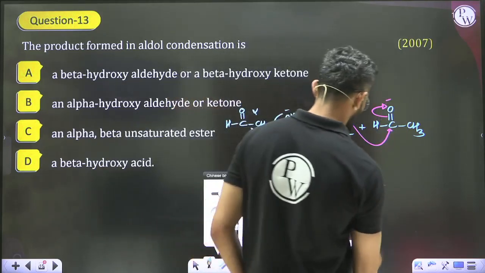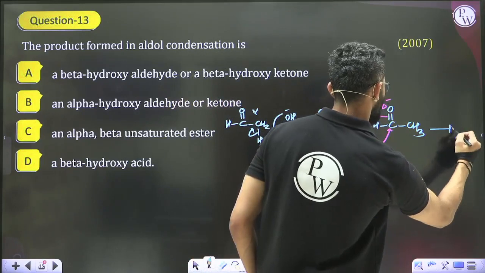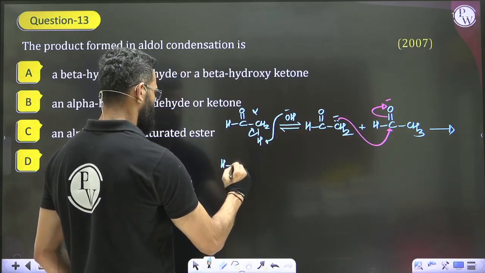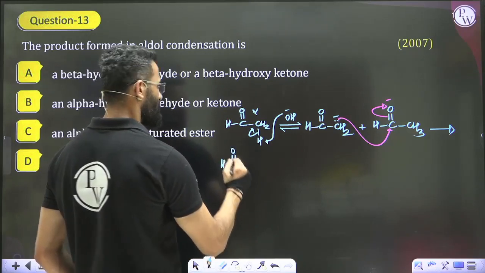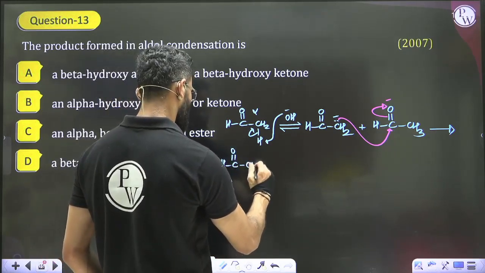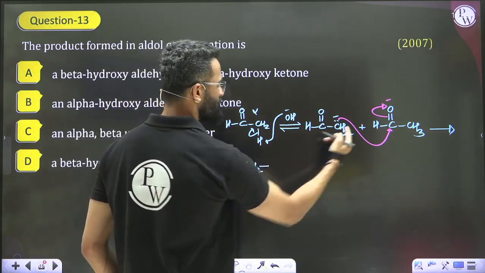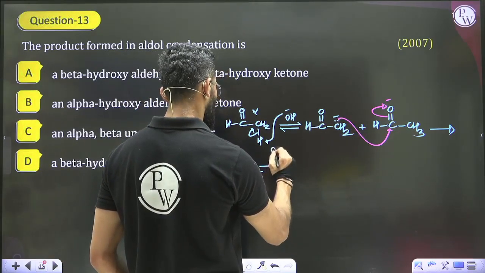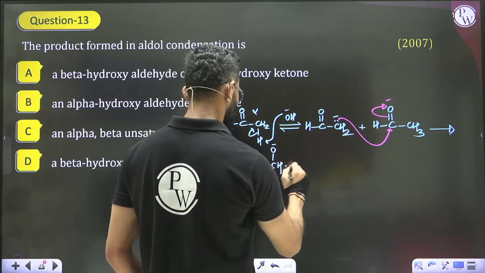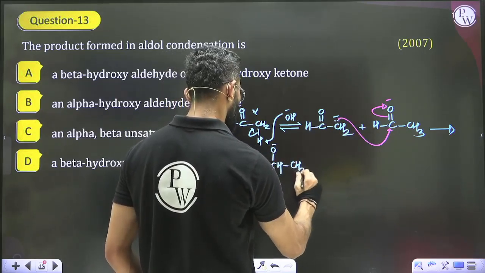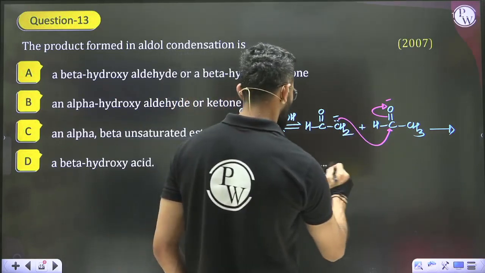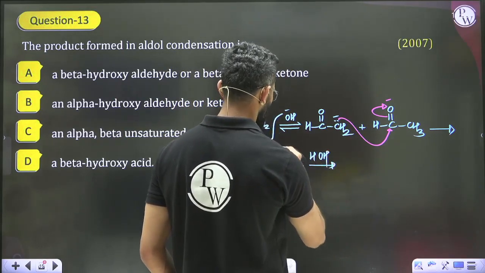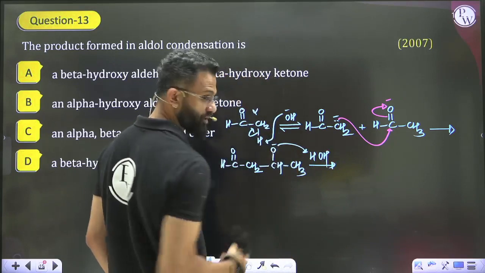So this will form, starting with this H, C double bond O, CH2 bonded to CH single bond O minus, which is further connected to CH3. This O minus then accepts H plus from solvent and becomes alcoholic OH.